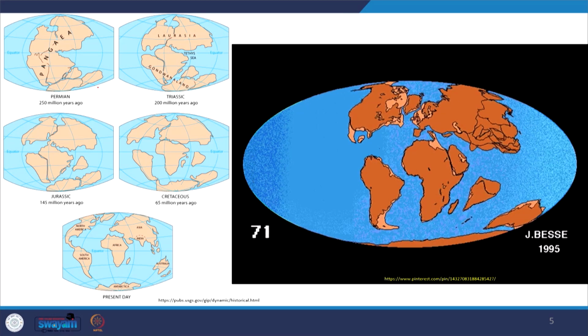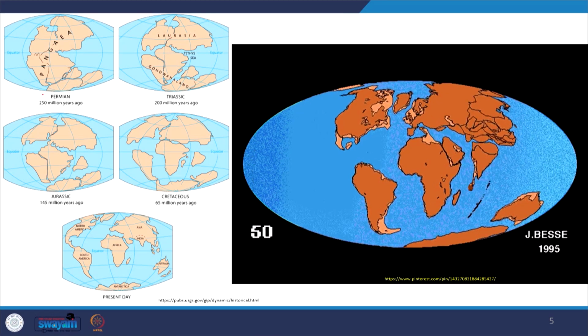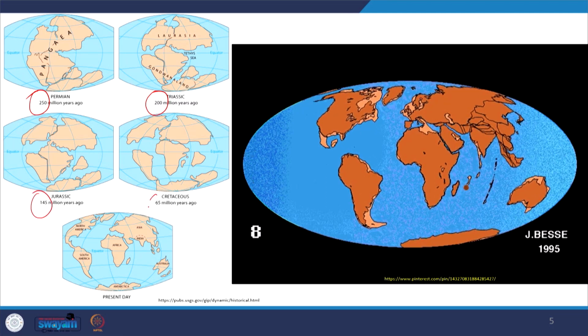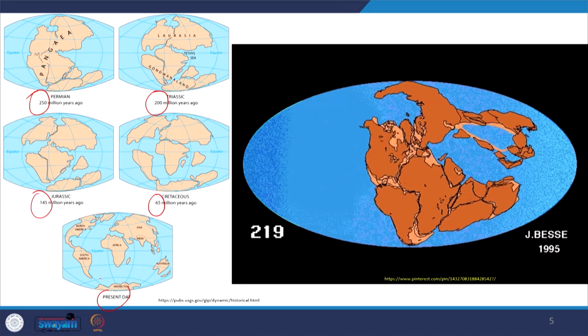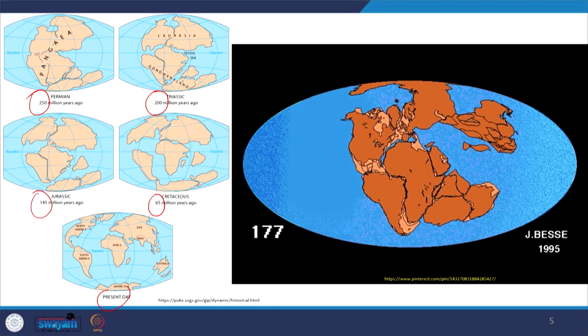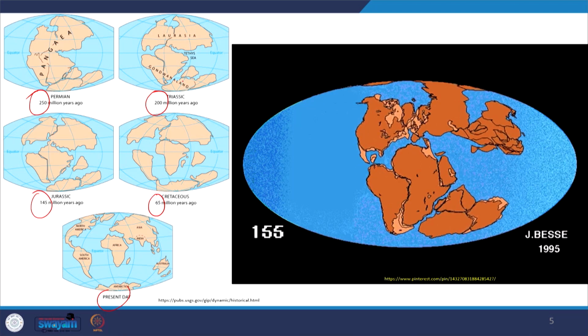Now, the question arises: if the plates are moving and interacting either towards each other, away from each other, or sliding past each other, is it a present-day process? No. If you see this paleogeographic map, or this land and sea distribution from 250 million years, 200 million years, then 145, 65 and the present day, you will find that the land and sea configuration is different at different geological times.